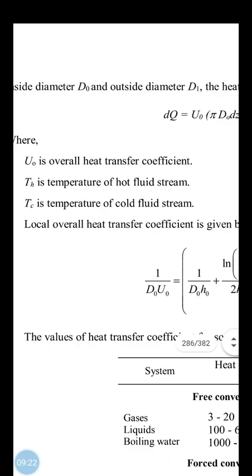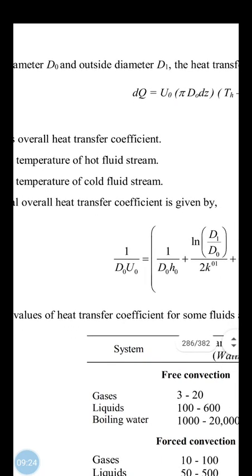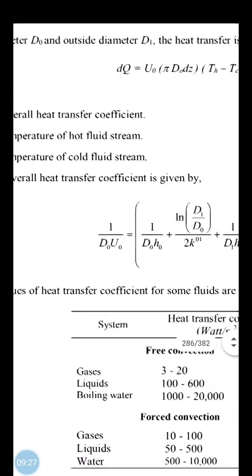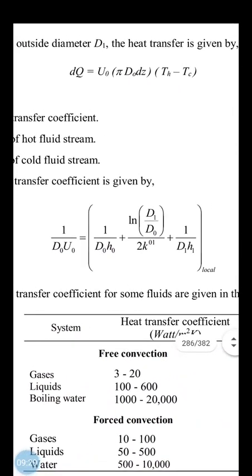Finally, we'll discuss the overall heat transfer coefficient. If you want to find the overall heat transfer coefficient, it is found by an equation similar to this: 1 upon d0 u0 is equal to 1 upon d0 h0 plus ln of d1 by d0 upon 2k, plus a few different logarithmic terms, and the final term will be plus 1 upon d1 h1, where capital U is the overall heat transfer coefficient and small h is the individual heat transfer coefficient.